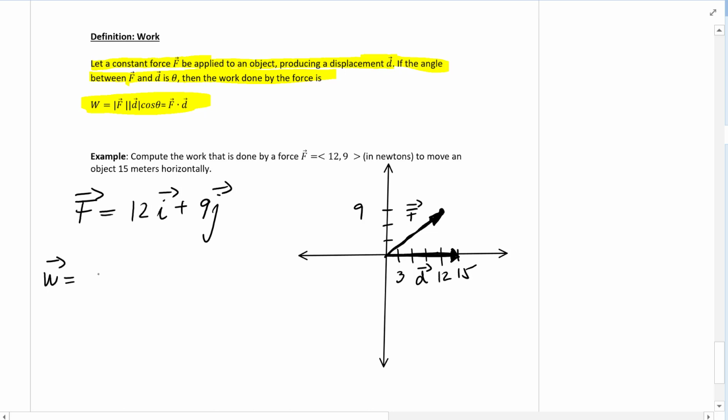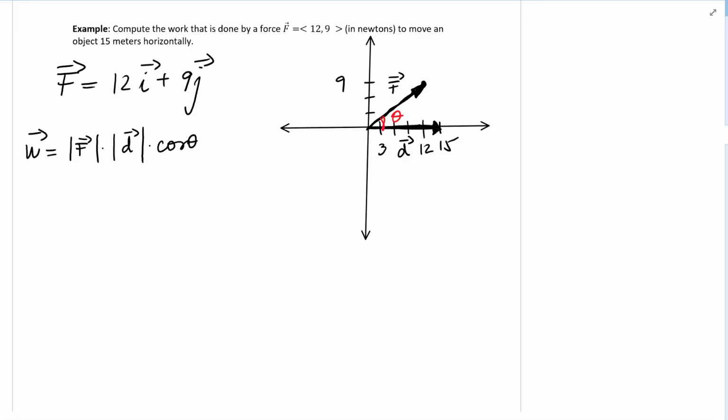So the work is given by the magnitude of F times the magnitude of d times cosine theta, where theta is the angle between the two. Let's find theta, because if we do the projection of F onto d, we get a right triangle. So cosine theta is the adjacent side, which is 12, over the hypotenuse, which we can calculate.